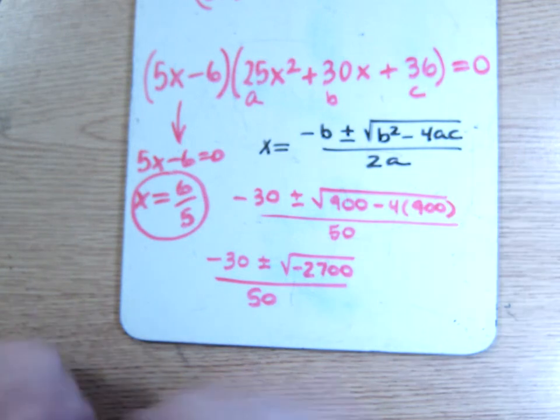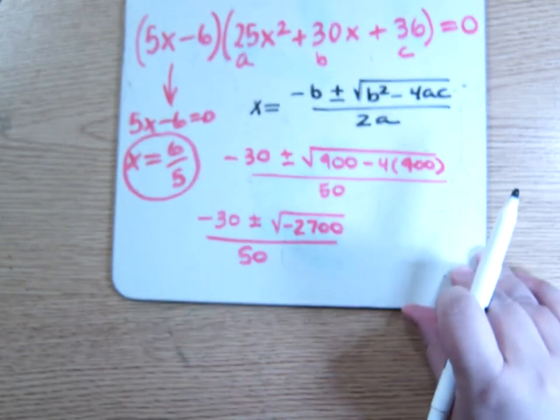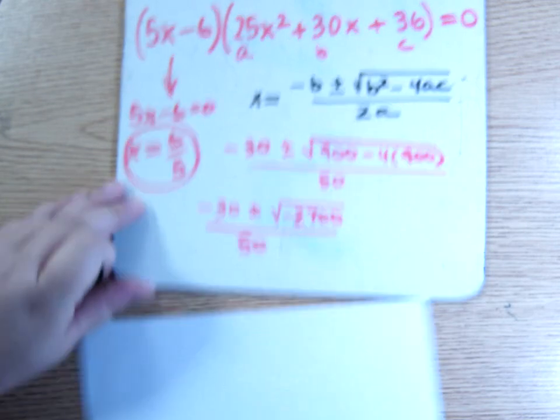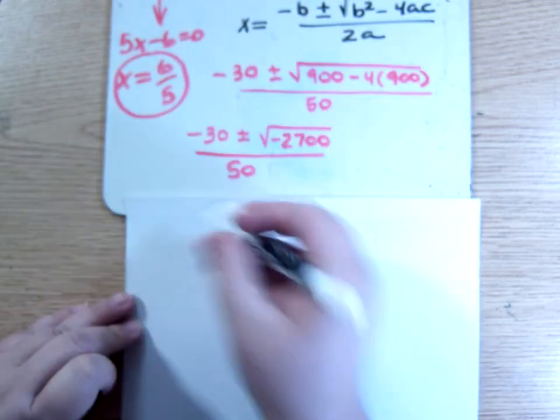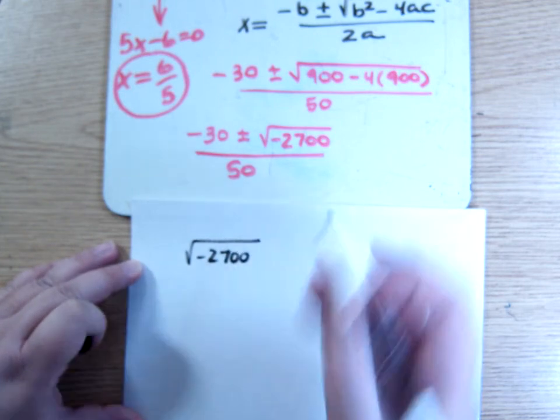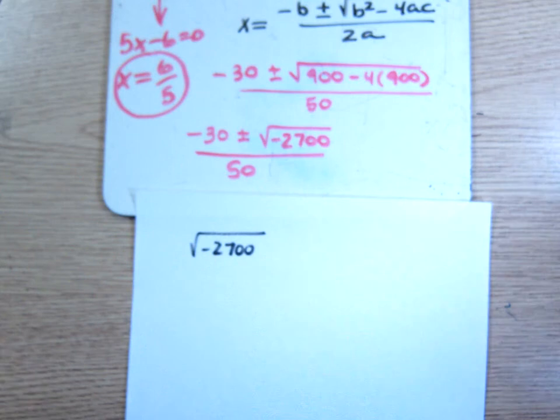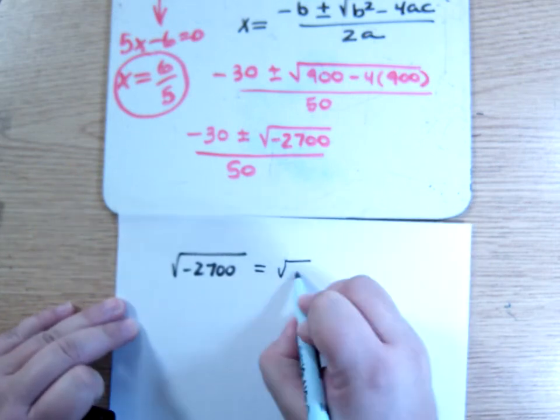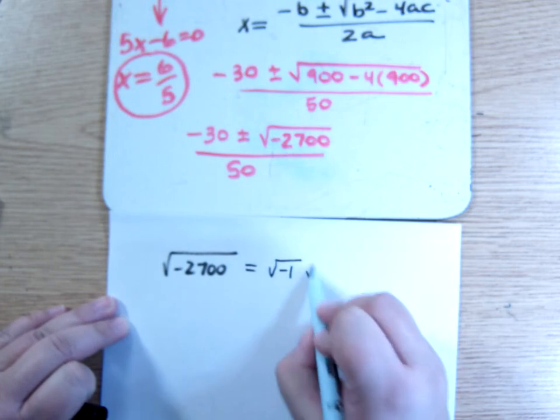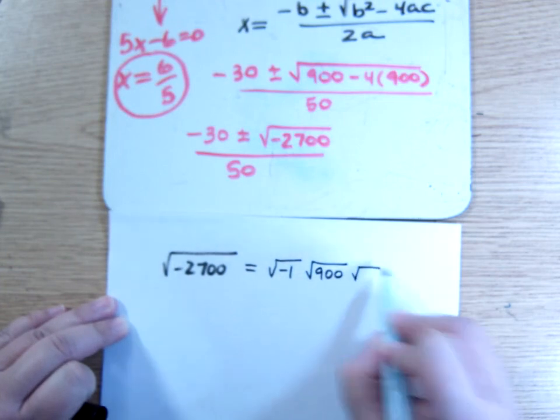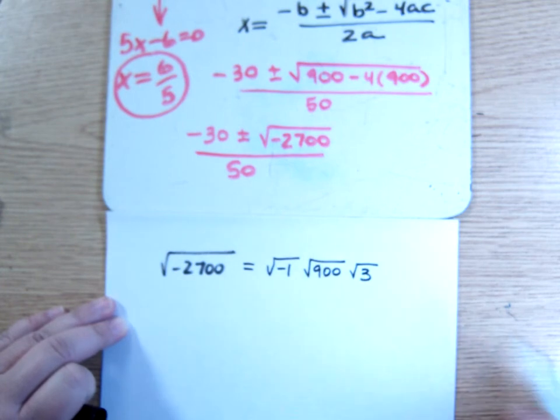So when I break that down, let's come over here on another sheet of paper. To break down this, I'm thinking negative 1, 900, and 3.